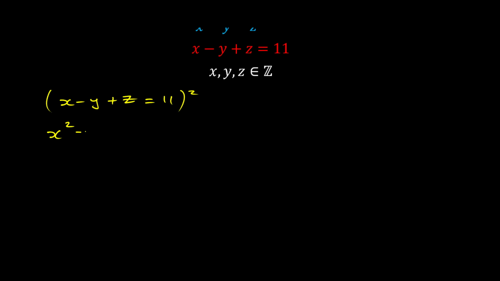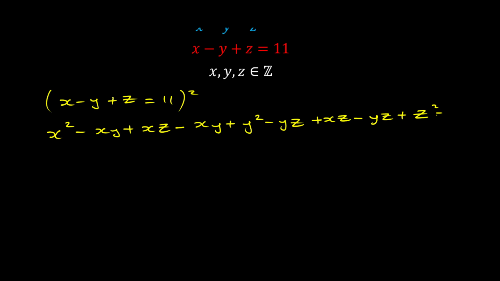So we are left with x squared minus xy plus xz minus, I'm just going to write what I have for the expansion of this right here. Minus yz plus z squared is equal to 121.